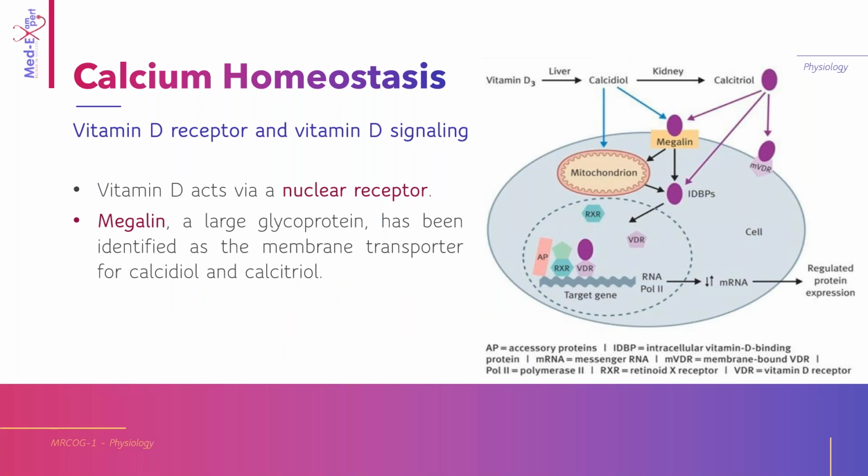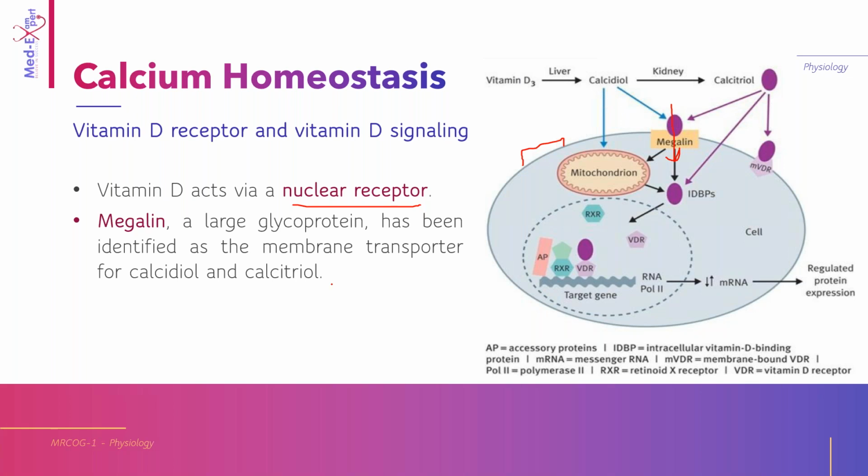Vitamin D acts on another type of receptors called nuclear receptors, not a cell surface receptor. That's the difference between the parathyroid hormone and vitamin D. Parathyroid hormone acts on cell surface receptors, while vitamin D acts on nuclear receptors, the receptors found in the nucleus. It is transferred inside the cell by a glycoprotein called megalin.